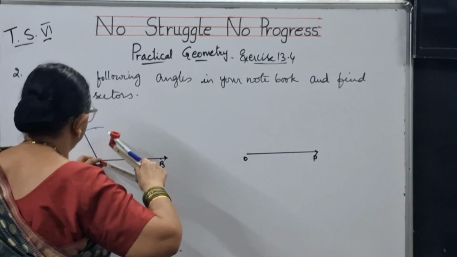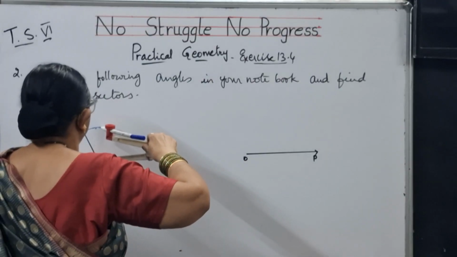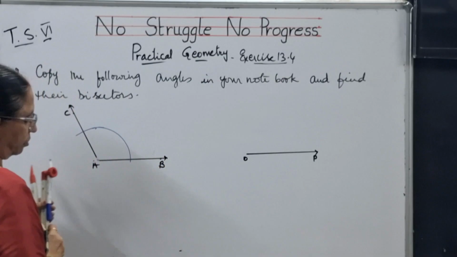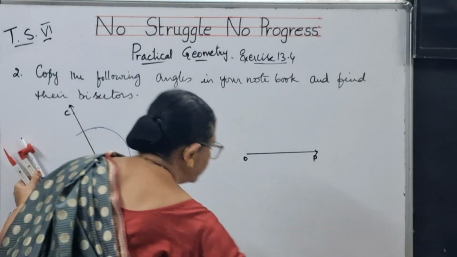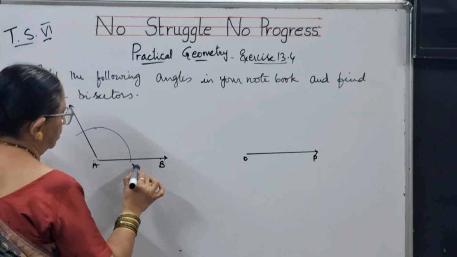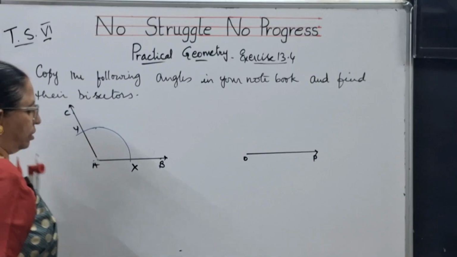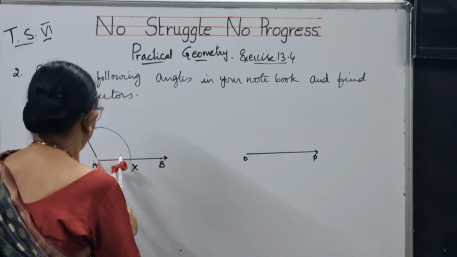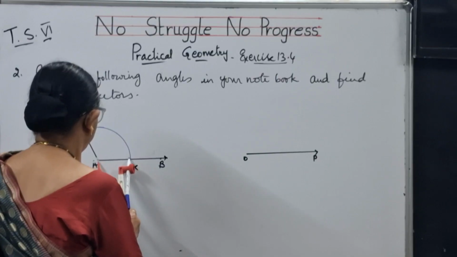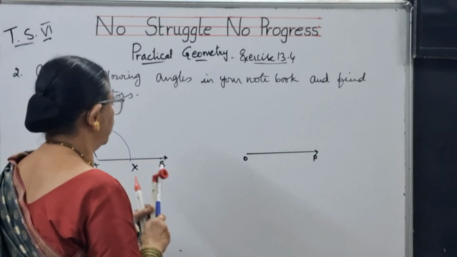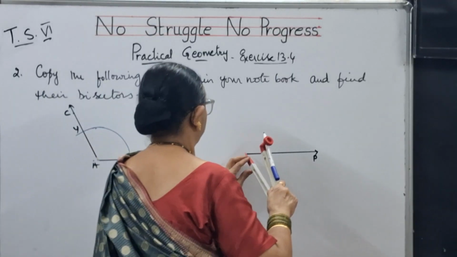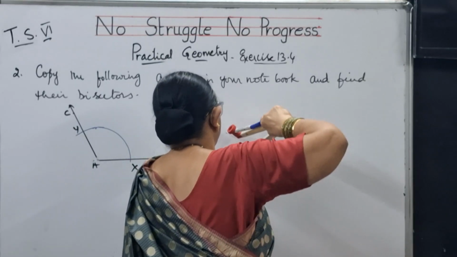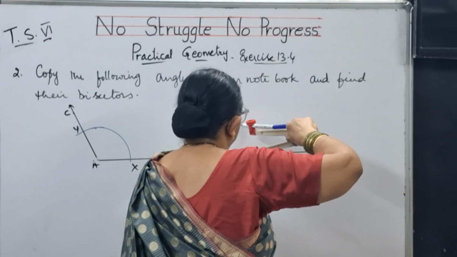This will intersect at two different points, that is X and Y. Now with the same radius what you have taken here, without disturbing it, O as a center, you have to draw an arc like this.